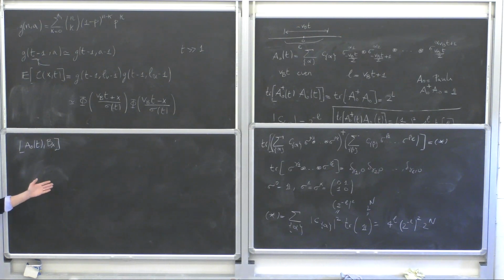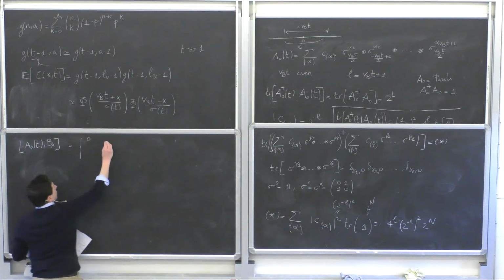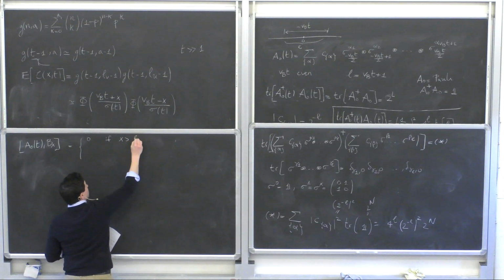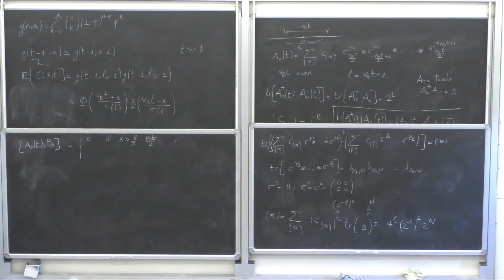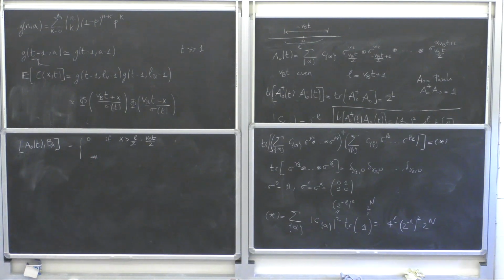So because of our choice, this is going to be 0 if x is greater than L over 2, because we are assuming that this has no support outside of the butterfly light cone. And so you have something non-trivial if x is inside of the light cone.